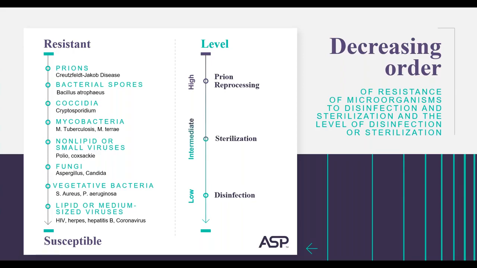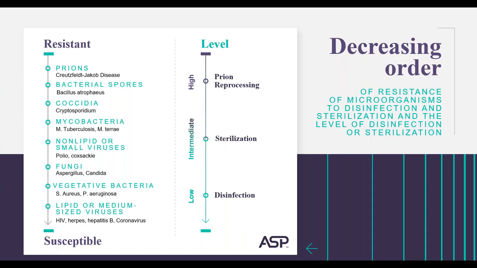Anyways, in 2008, they identified the different microorganisms and the resistance to the different methods of reprocessing. Resistance determined the guidance for where the devices fell. For example, low or medium level disinfection, high level disinfection, or sterilization.